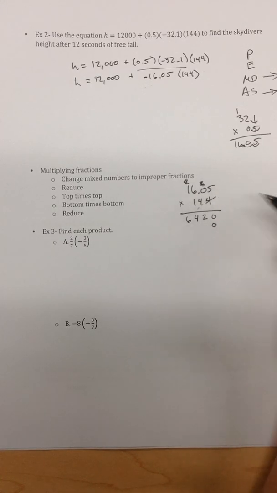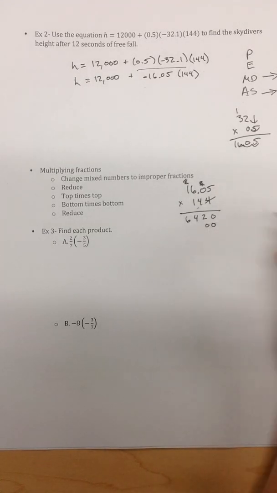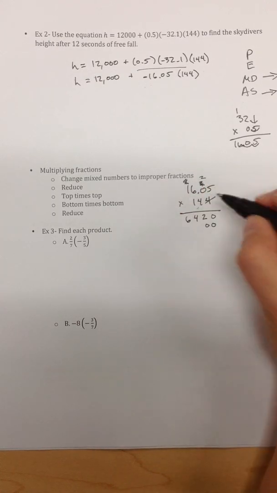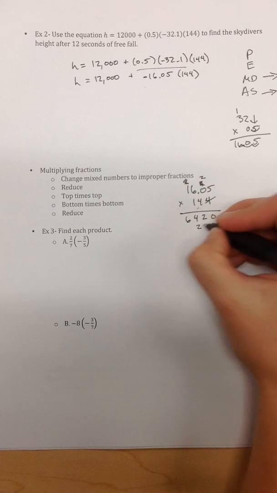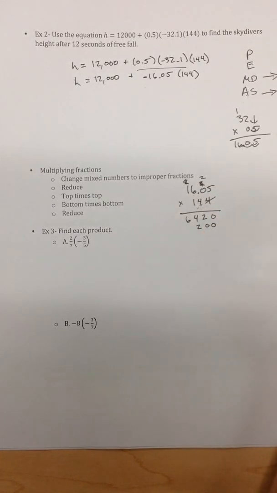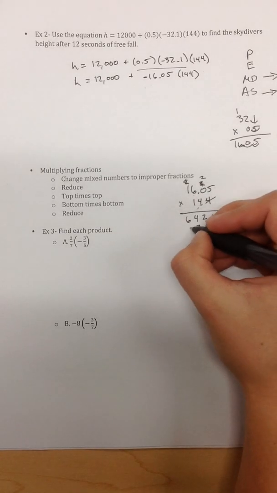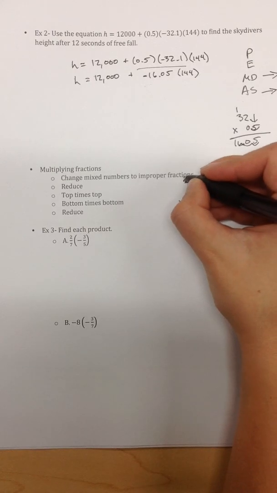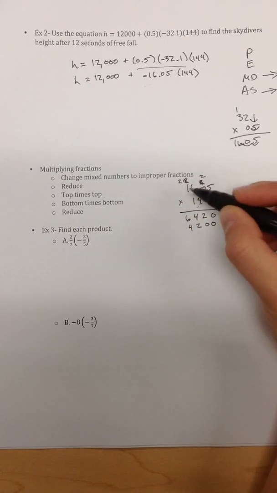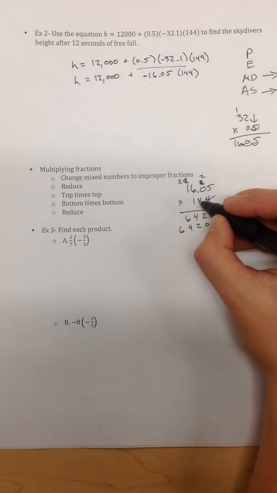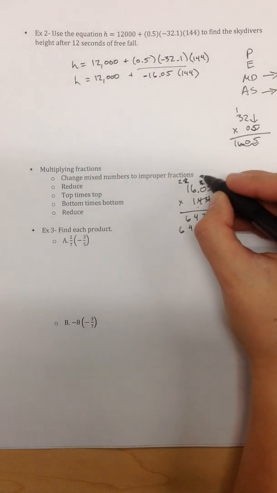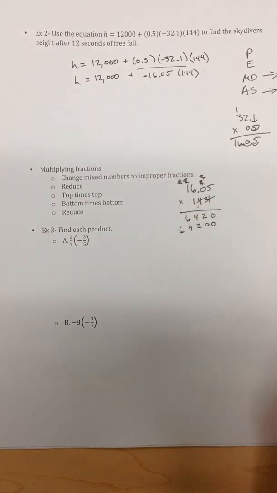So I'm going to take the 4 times 5, which would be 20. So 0 below, carry the 2. 4 times 0 is 0, plus the 2 would be 2. 4 times the 6 is 24. So 4 down below, carry the 2. And then 4 times 1 is 4, plus the 2 would be 6. And then same thing, cross out the 4, cross out those 2's.